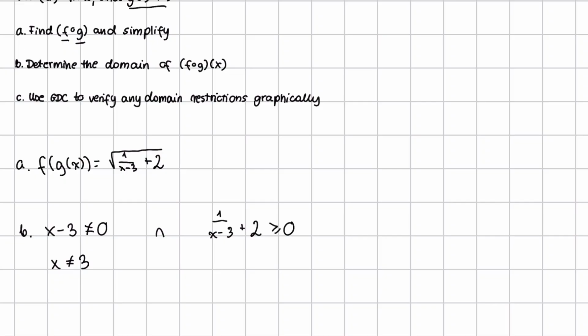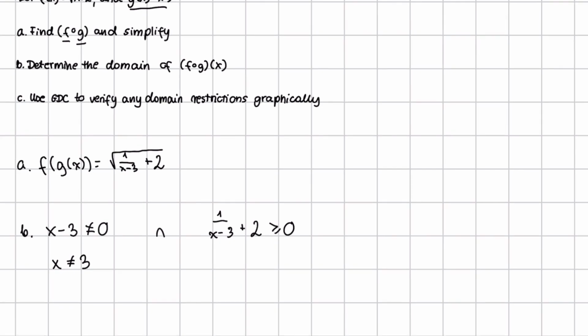And now we have to simplify it. And firstly, obviously, we will move our positive 2 from the left hand side to right hand side. So we have 1 over x minus 3 is greater or equal to minus 2.